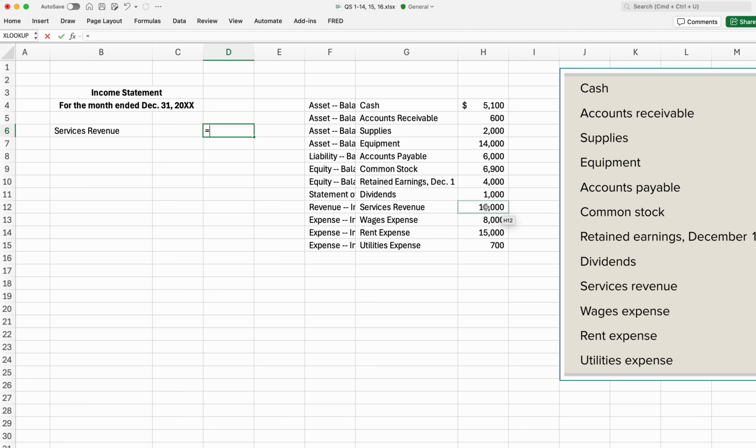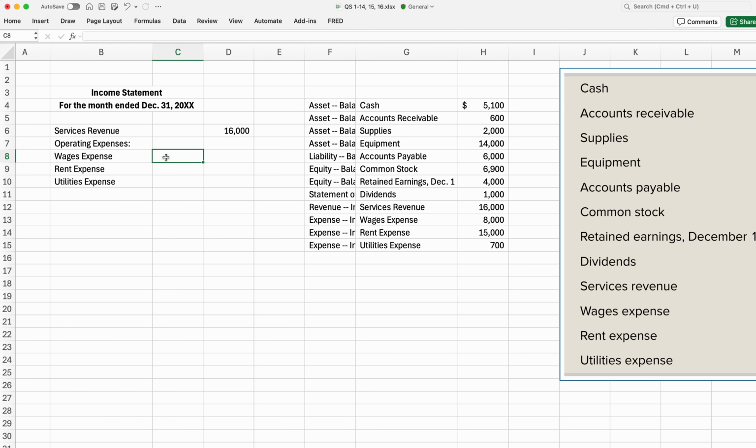We have service revenue of $16,000. From that, we're going to subtract our expenses. And I'm just going to label these while I'm here, as operating expenses. So we have our wages expense, and we have our rent expense, and we have our utilities expense.